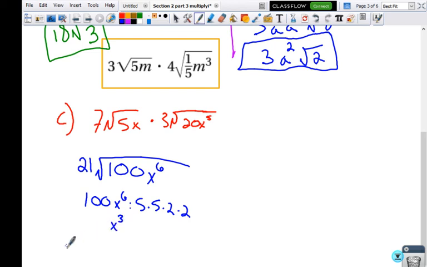Which is fine. Or you could have done it the long way and gone 1, 2, 3, 4, 5, 6, and had pairs of x's get kicked out, right? So 3 x's get kicked out, right? What numbers are getting kicked out? 5. Yep. 2. 21. And we already had the 21, right? That was left over, so let's bring that back too.